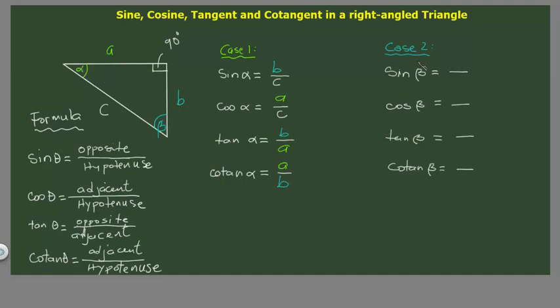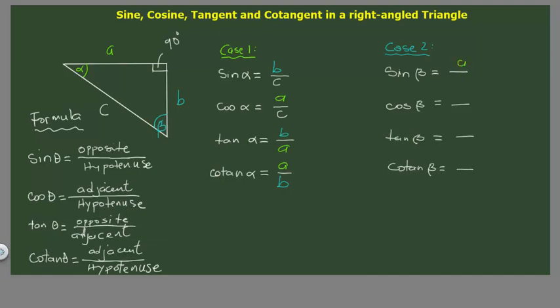But now, what about case two? We're now here, and our angle is beta. So we want to find the sine, the cosine, the tan, and the cotan of this angle. When you stand here, the opposite side is a in this case. The sine is the opposite over the hypotenuse, so the sine of our angle beta will be a over the hypotenuse c.